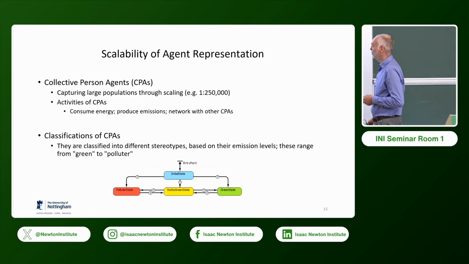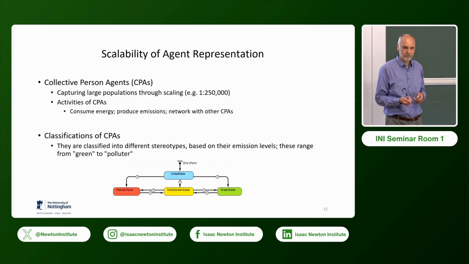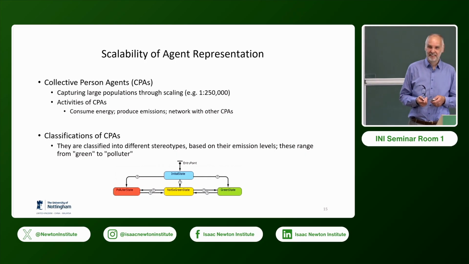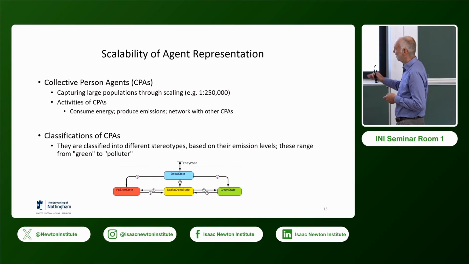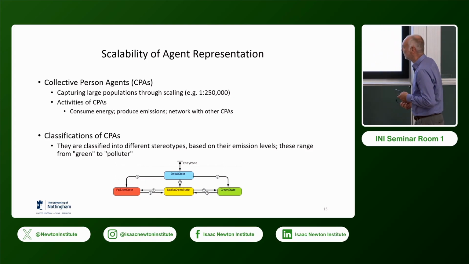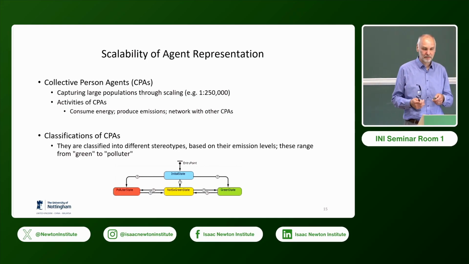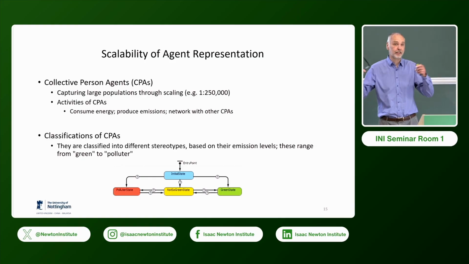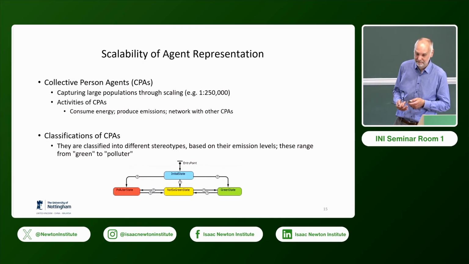Now we come to one of the problems, which was computability. And we use a small trick here. We actually use a compound person agent because in this case we were modeling the whole of the US and how they contribute to climate change.